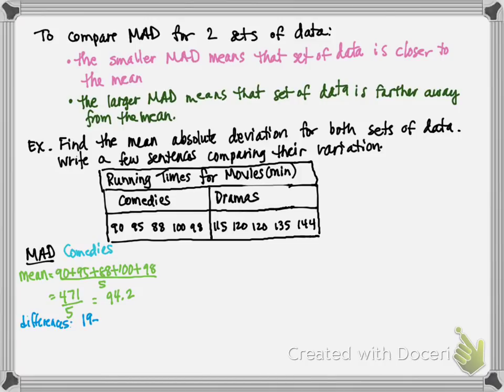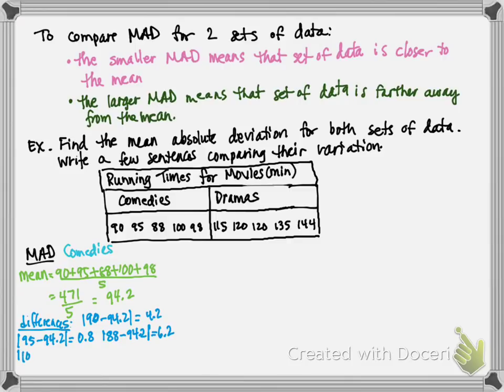I'm going to take the absolute value of 90 minus 94.2, and that's going to give me 4.2, and then we've got the absolute value of 95, take away 94.2, absolute value of that is going to be 0.8, and then I'm going to do the absolute value of 88, take away 94.2, and that's going to give me 6.2.